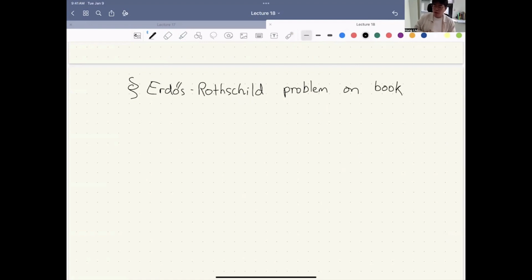What is this problem? Let's introduce some background. A book is nothing but a bunch of triangles sharing one common edge. Let me just say, this is a book.